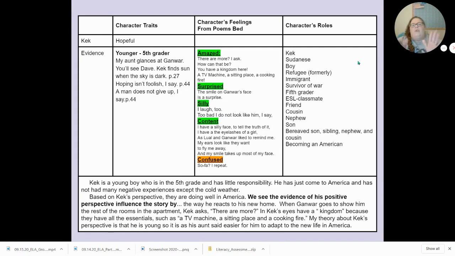So all of those people passed away, and he was their son, their sibling, their nephew, and their cousin. Okay? And then he's also learning to become American.